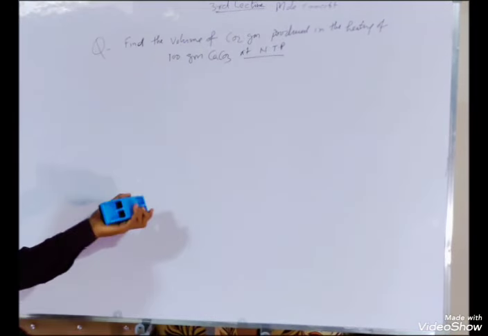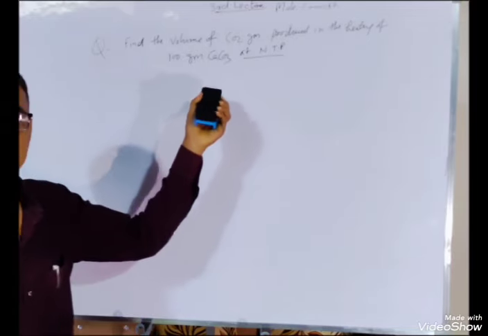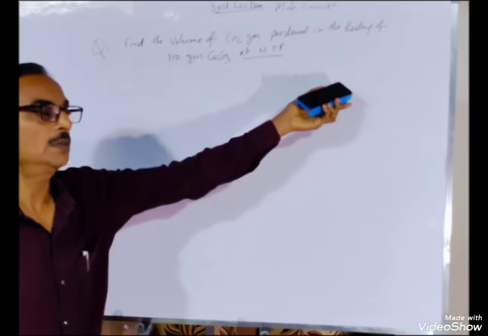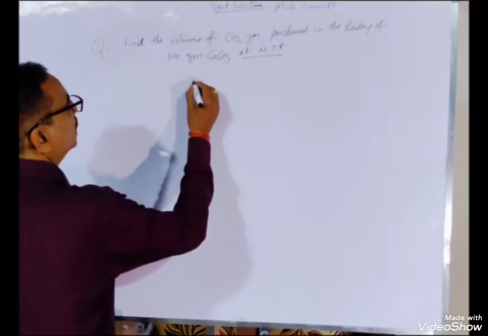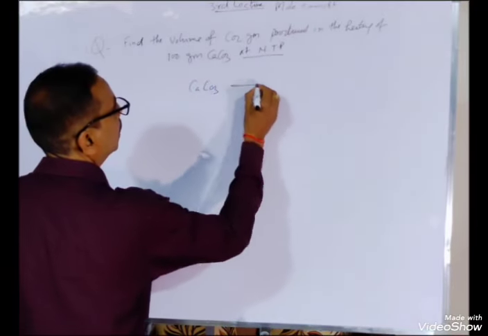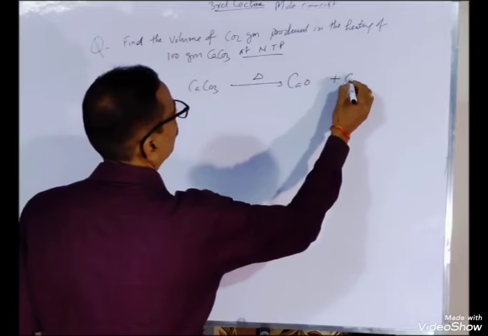It is very easy. I have just told you one question of KClO3 where oxygen is produced; here CO2 is produced. The equation is calcium carbonate when heated gives calcium oxide plus CO2.